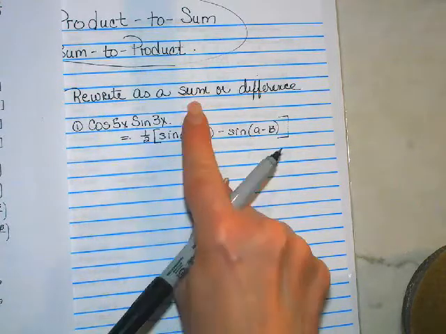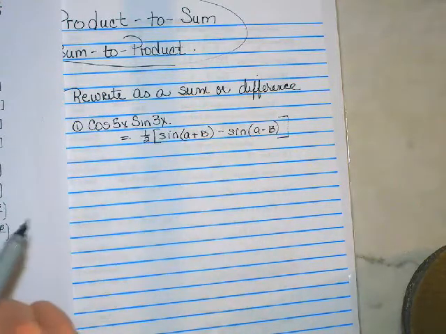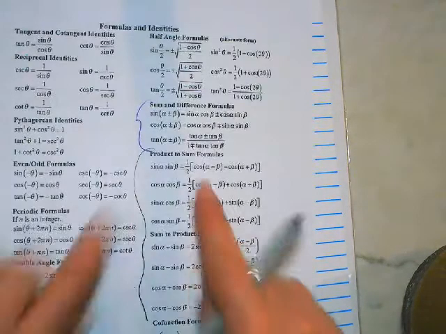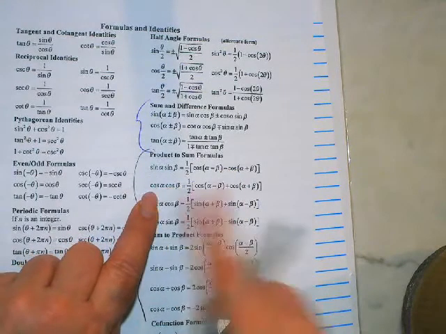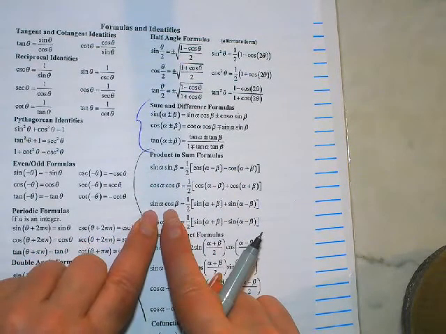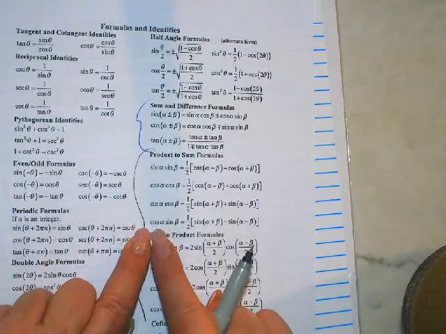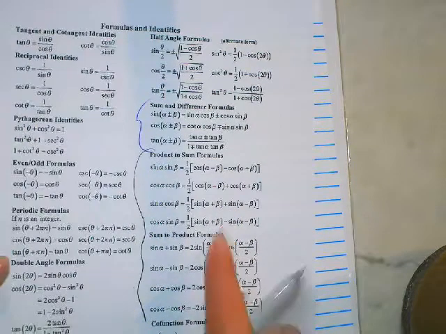It's a product. You're going to write it as a sum or difference depending on which formula you're using. A sine is a difference, a cosine is a sum, and a cosine is a minus.